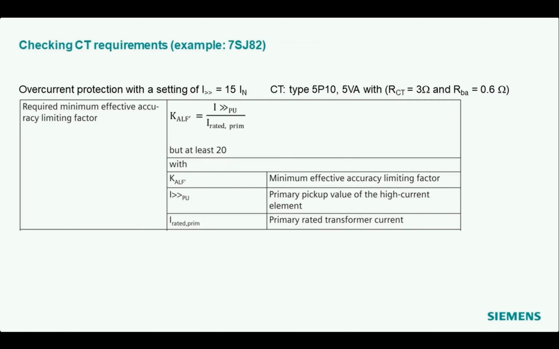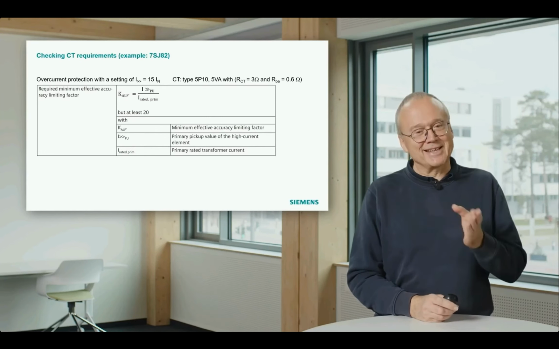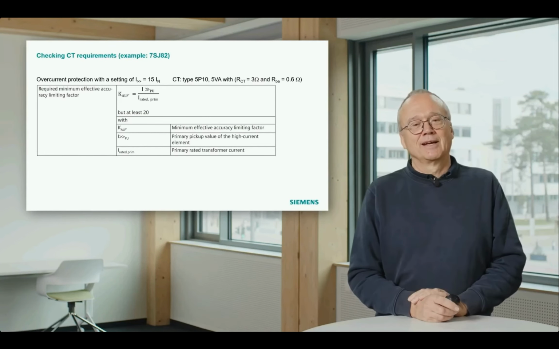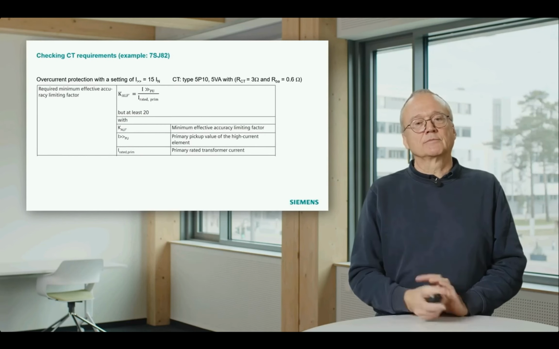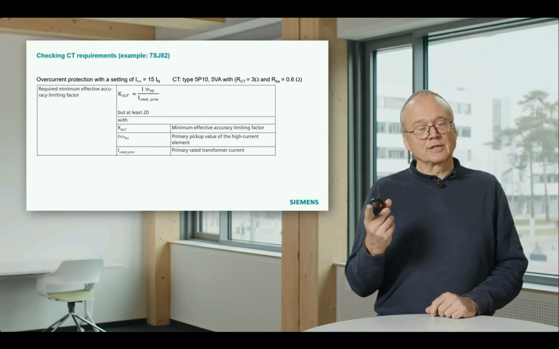And this table defines the required minimum effective accuracy limiting factor. And it says, unfortunately here it is called KALF dash. It says it must be the setting defined by rated current. In our case, the setting is 15 times nominal current.